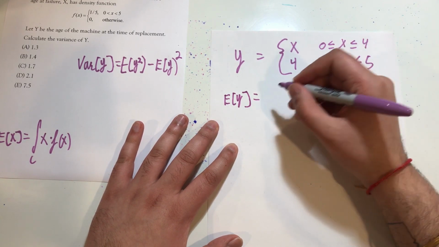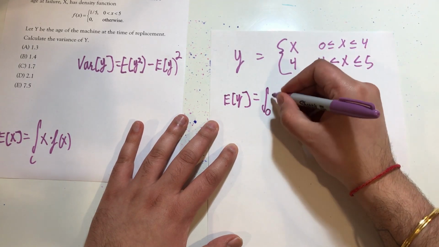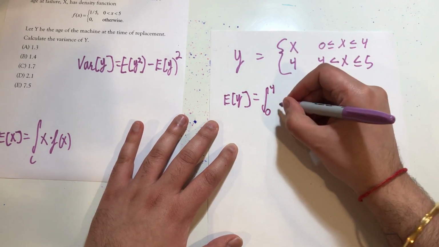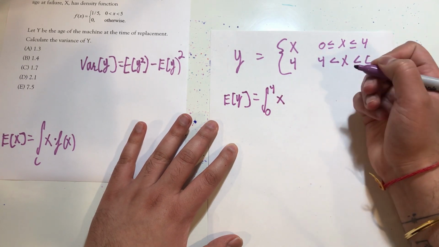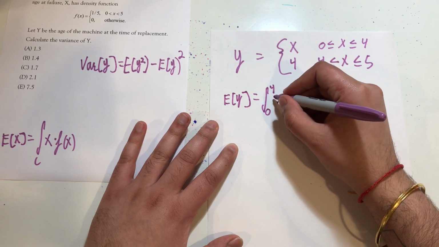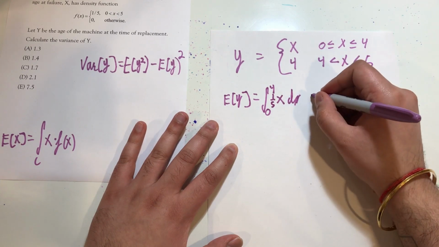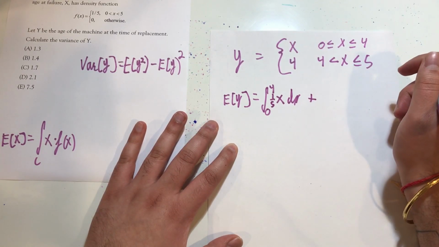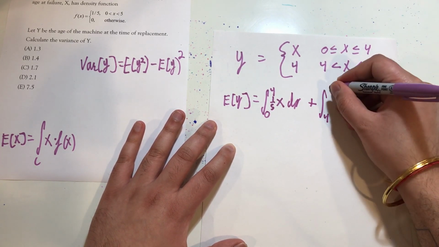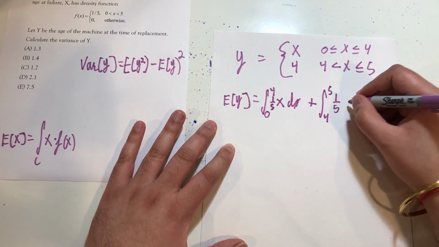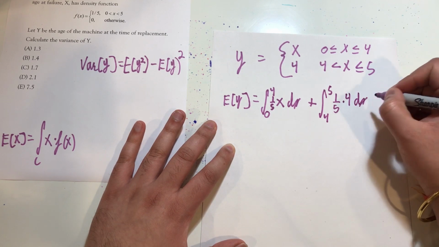That should be equal to, I'm going to integrate, and this comes in two places, 0 to 4, and the thing that's going in there is x multiplied by 1/5 dx, plus the integral from 4 to 5 of 1/5 multiplied by 4 dx.